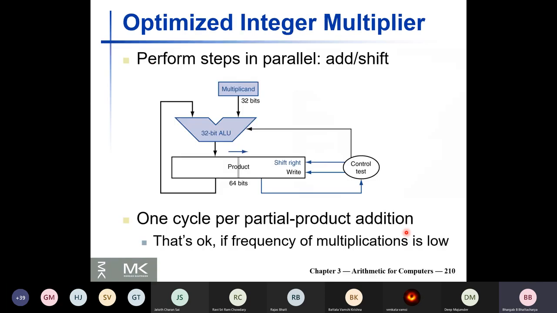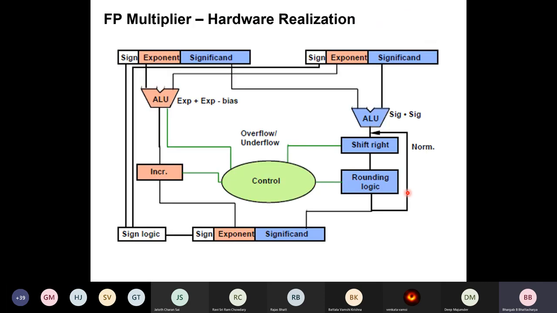In terms of integer multiplication, you remember that we can use this architecture for integer multiplication, repeated shifts, etc. So in terms of hardware realization, that is what is going to happen. You have sign, exponent, significand for the two numbers to be multiplied. There is an ALU here, which performs exponent plus exponent minus bias. So this is just an integer operation.